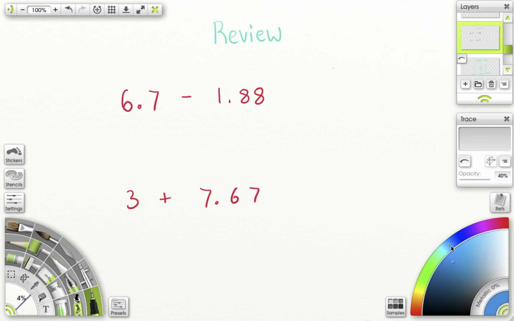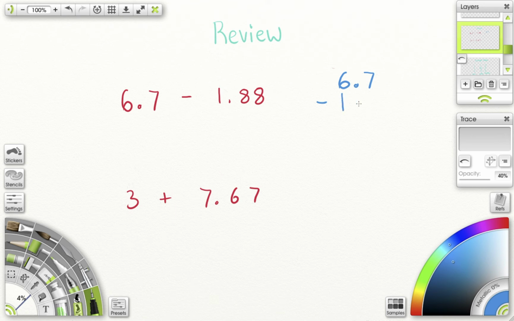So we have 6.7 minus 1.88. So to do this, you guys remember, take your first number, write it out, and then put your minus symbol. You need to line up your decimals with one another, first and foremost. So I have to make sure this 1.88, that decimal, is lined up with this right here.